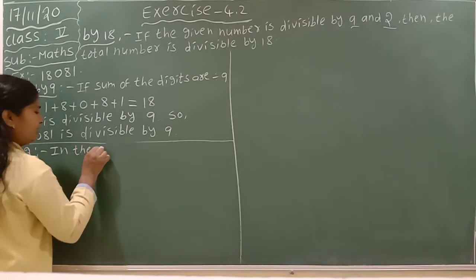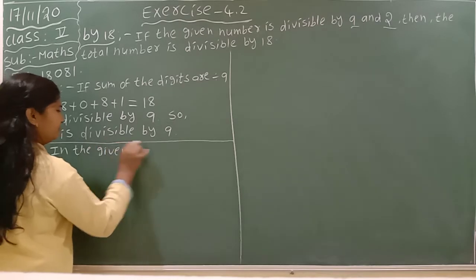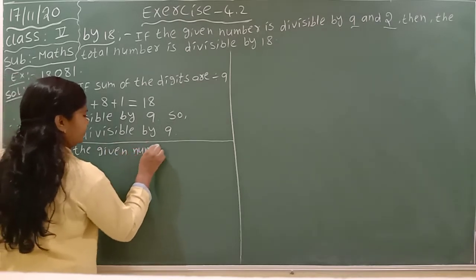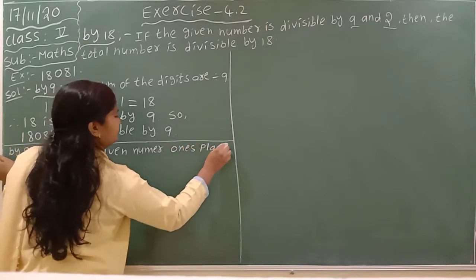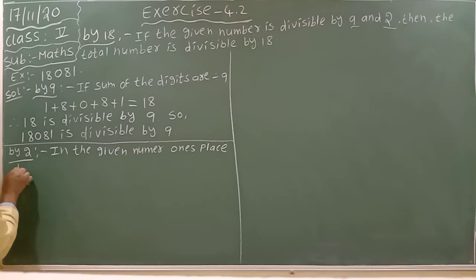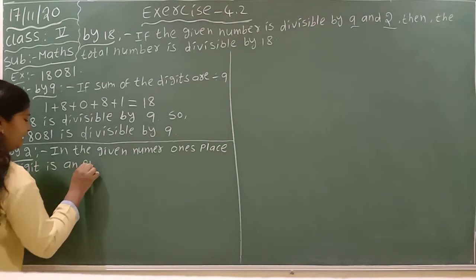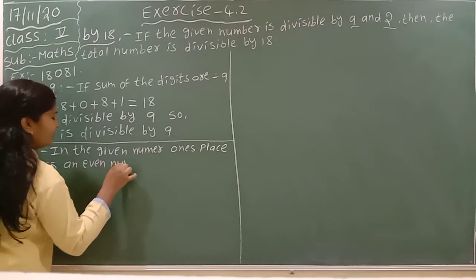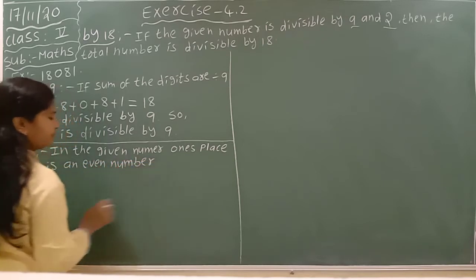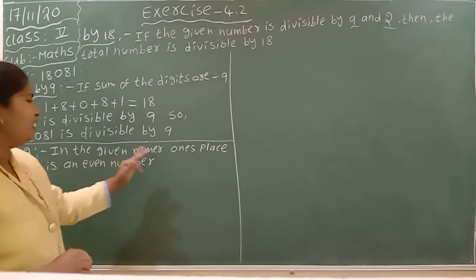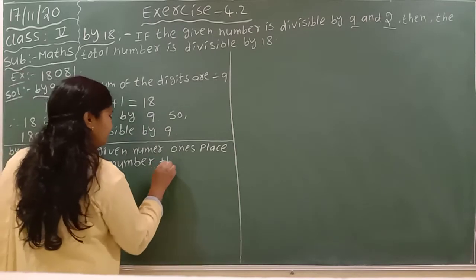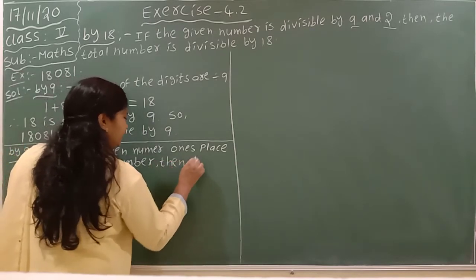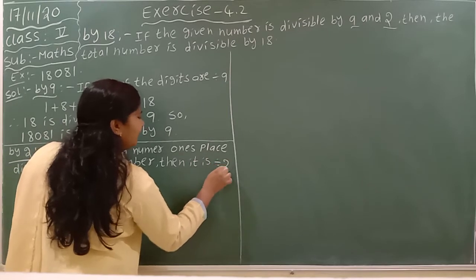In the given number, if the ones place digit is an even number, then it is divisible by 2.